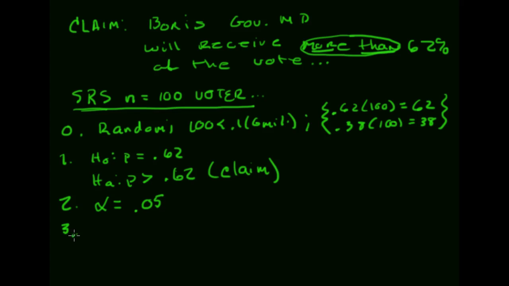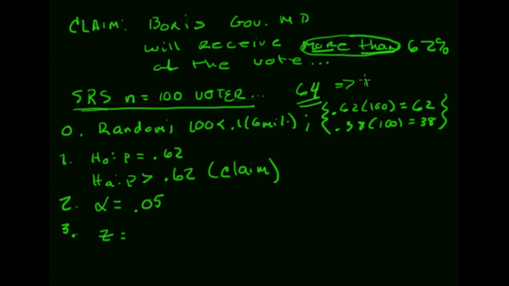And then I need an actual test statistic. In your notes, you'll see that the test statistic you're going to use is how many standard deviations my observed result is from the proposed value. When I did this SRS, I found that 64 of these voters are going to vote for Boris.